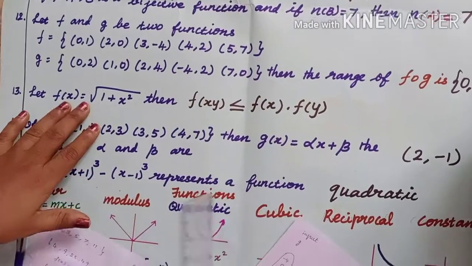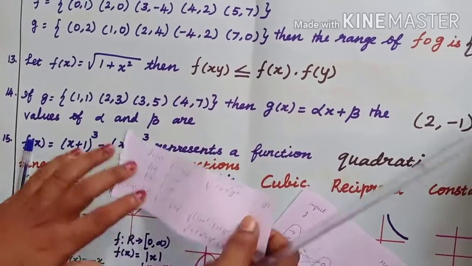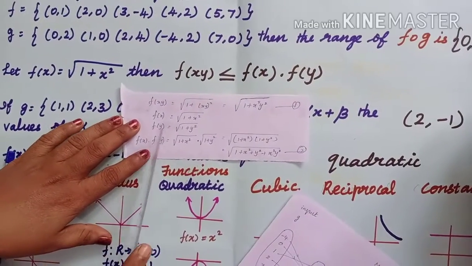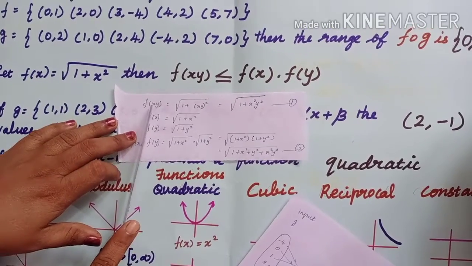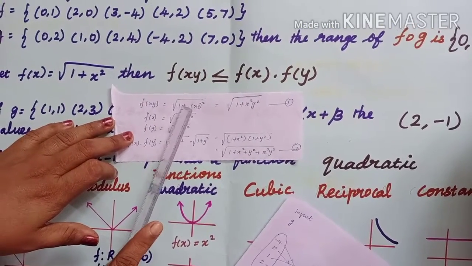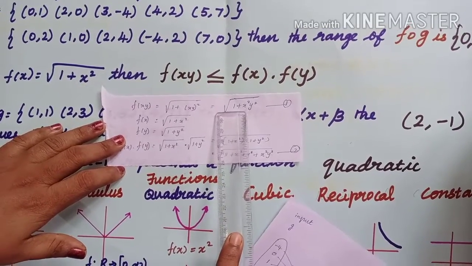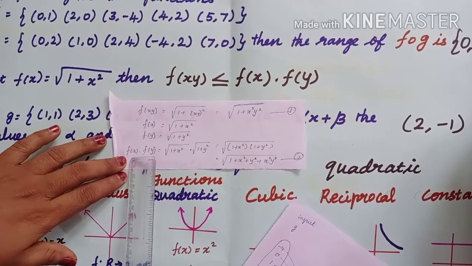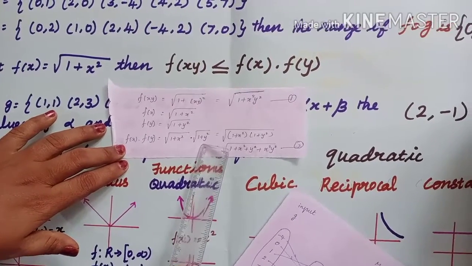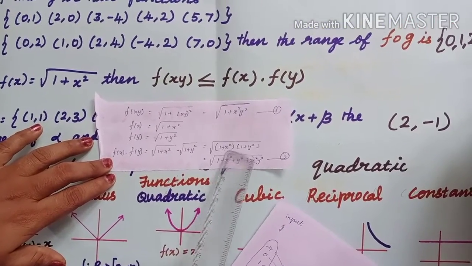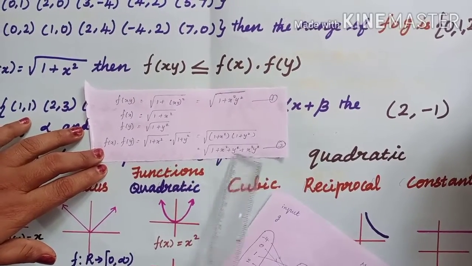So let f of x equal x over 1 plus x squared, then what is your answer? If you substitute y, 1 plus y squared, if you substitute xy, 1 plus xy, so you substitute xy, your answer is here. And f of x and f of y. So this and this, you will get the common square root, you will get this answer.